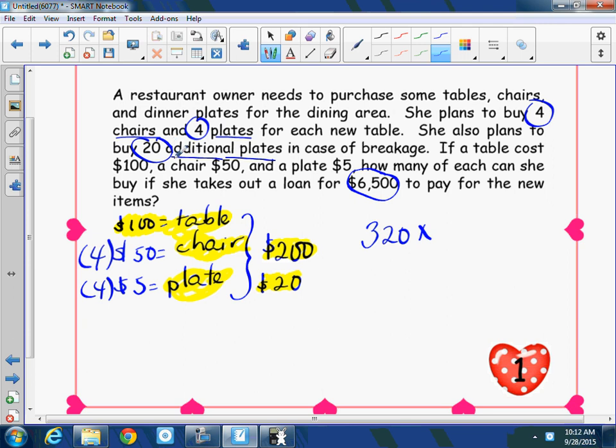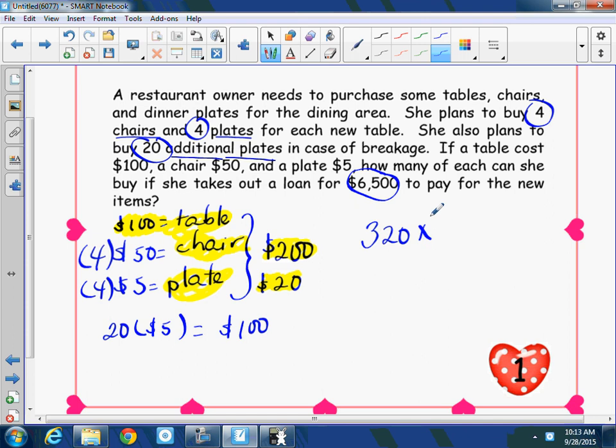All right, so she also plans to buy 20 additional plates. I'm sorry, 20 plates. Let me erase that. And then each plate would be $5, so that's 100.